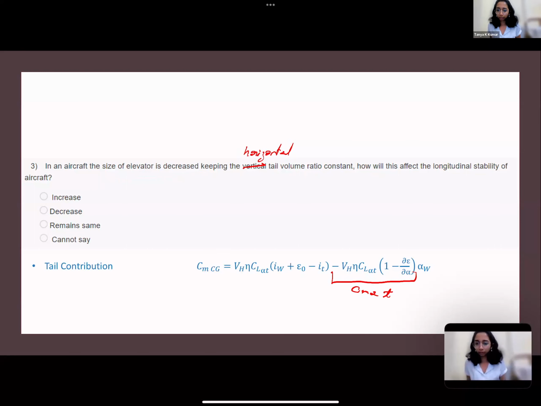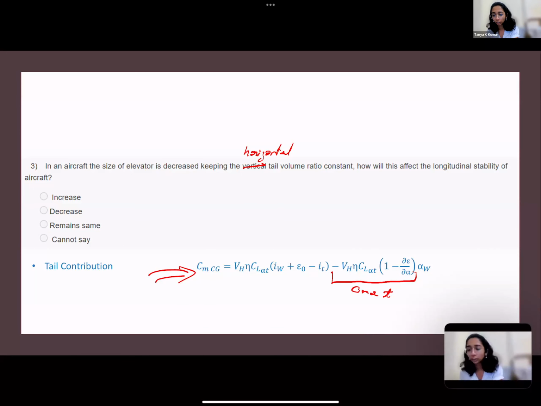What parameter shows this value? We just discussed this. VH, thank you.